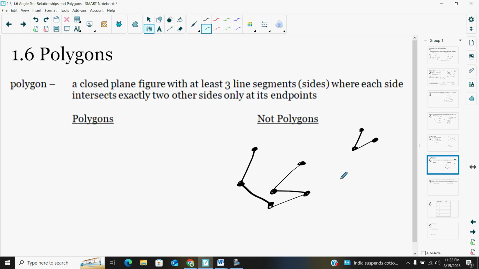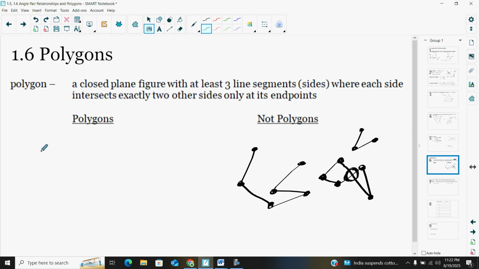Also, each side intersects exactly 2 other sides only at its endpoints. So it can't look something like this, because notice it intersects here also. We can't have any of the sides that cross one another.